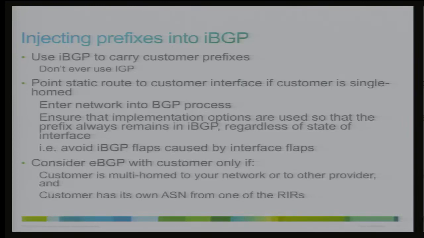You just inject it using a static route and a network statement. By doing that, whenever the interface flaps with the customer, the route doesn't flap. And that doesn't hurt you, because if there is a reachability issue, traffic will come to the router that injected the static route and will send unreachability information. So it shouldn't be a problem from that perspective. You don't really need to withdraw it.